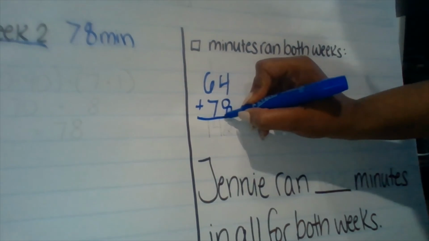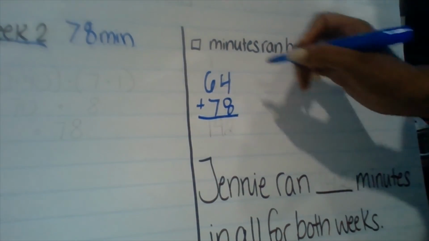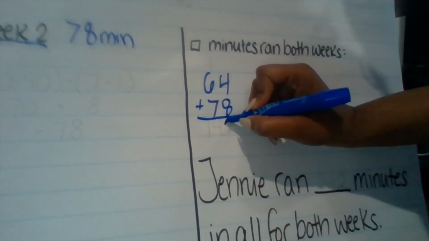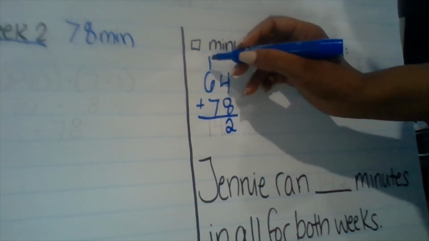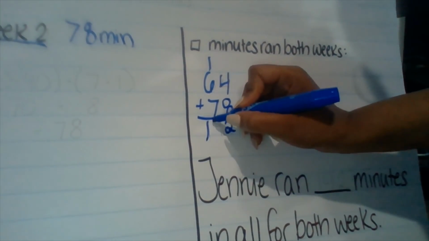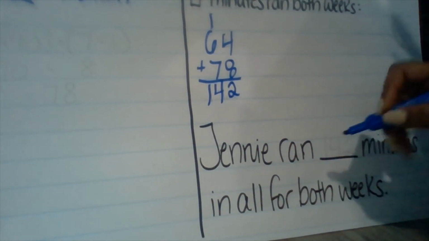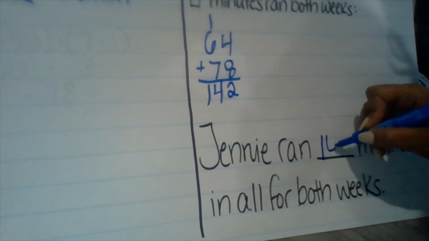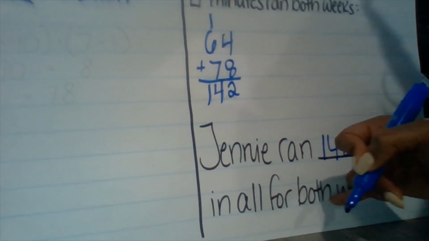We need to combine these minutes to get our total for both weeks. 4 plus 8 equals 12. 6 plus 1 is 7. 7 plus 7 equals 14. Jennie ran 142 minutes in all for both weeks.